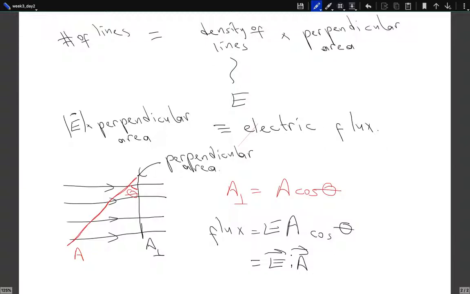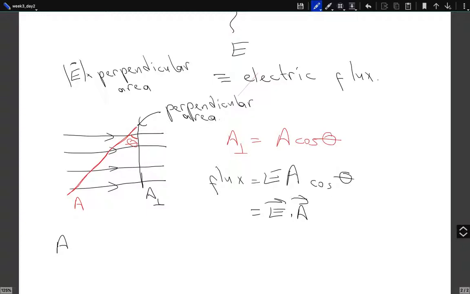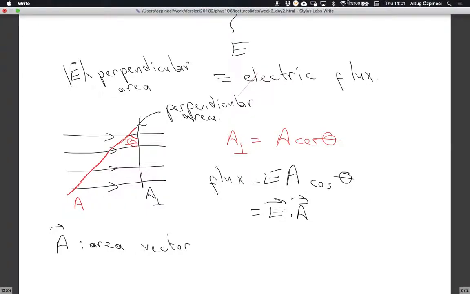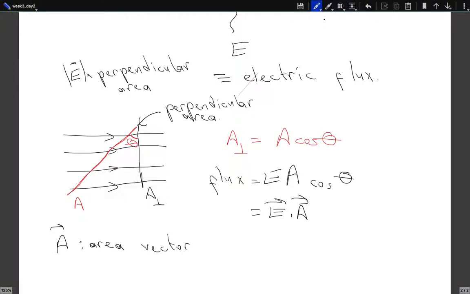Now, of course, we have to identify this area vector. A is called the area vector. From the definition, the magnitude of the area vector should be A, the area itself. Now, what about the direction? I want the angle theta to be the angle between this area vector and the electric field.